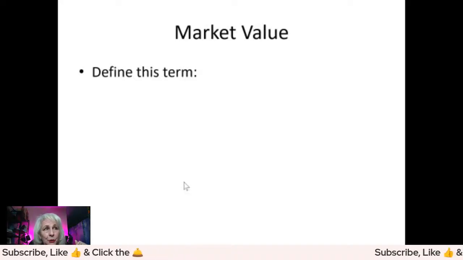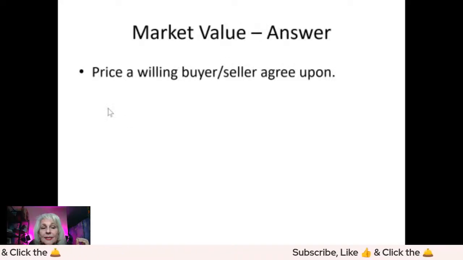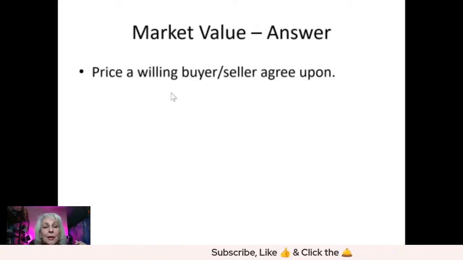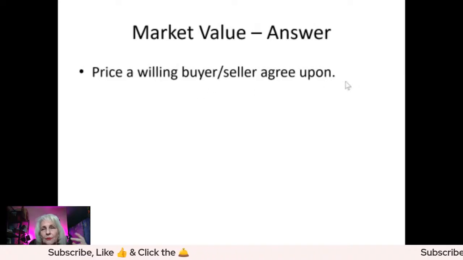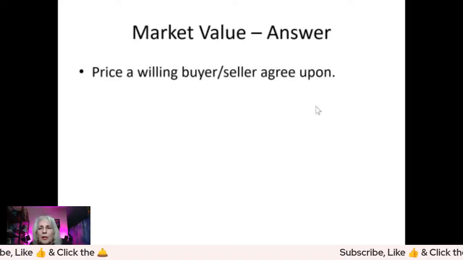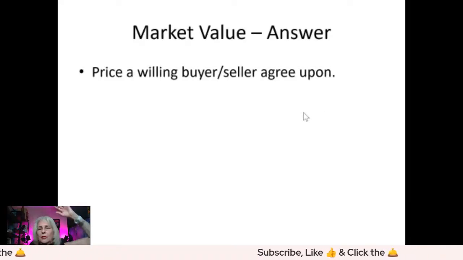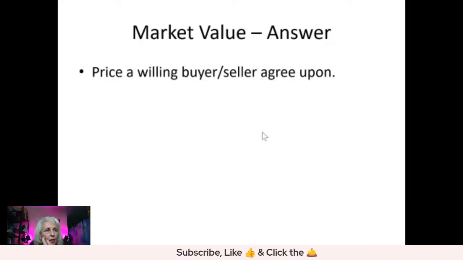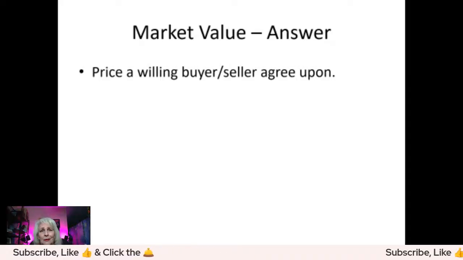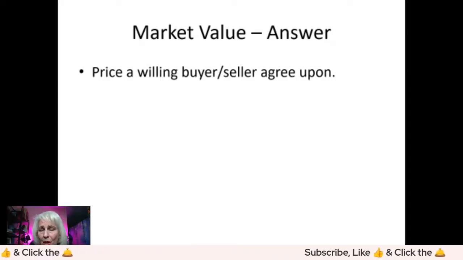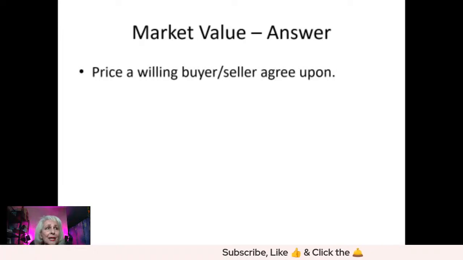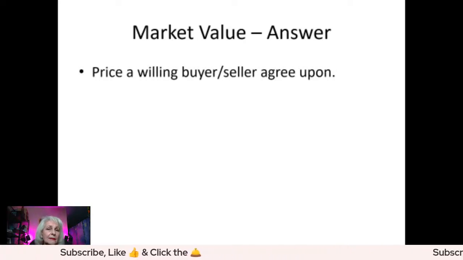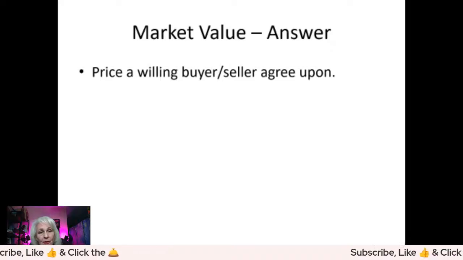Market value: the price a willing buyer and seller agree upon. So when we think of, well, what is the market value? My property is worth $1 million. Well, a buyer may not pay that for your property. So it's going to depend on today's current market value. The actual market value is determined by the agreement that that seller and buyer come to.